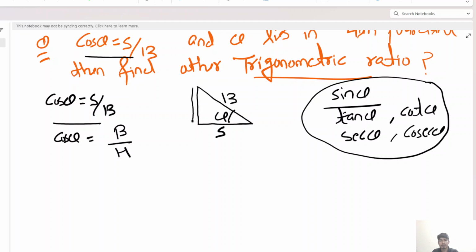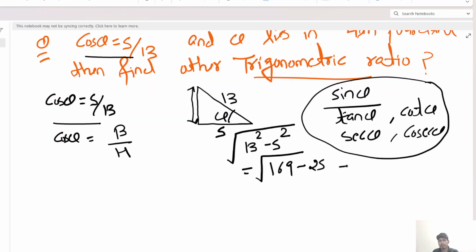By Pythagoras theorem, we find this is under root of 13 square minus 5 square, that is 169 minus 25, under root 144. This is 12, means our perpendicular is 12.